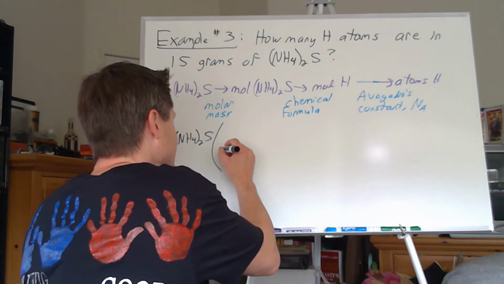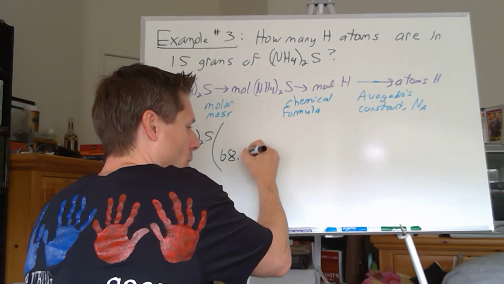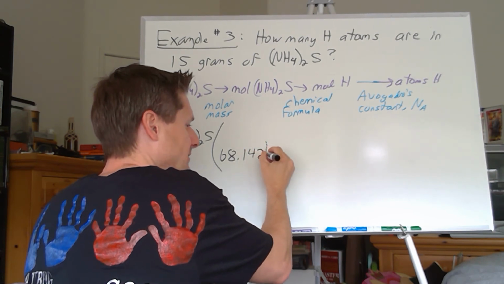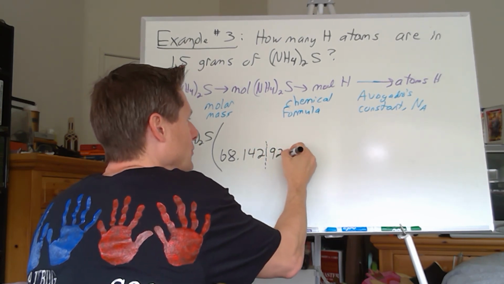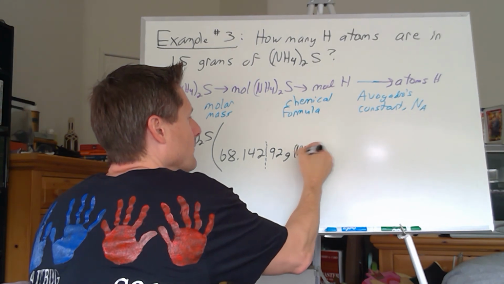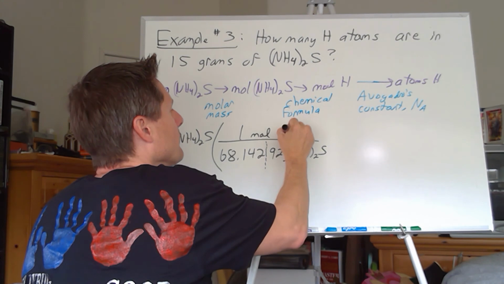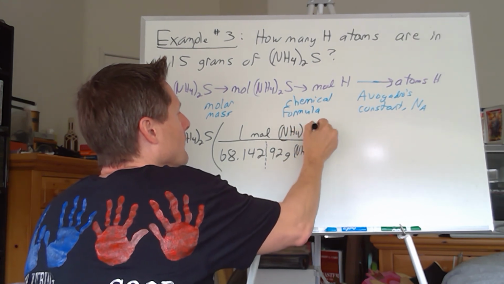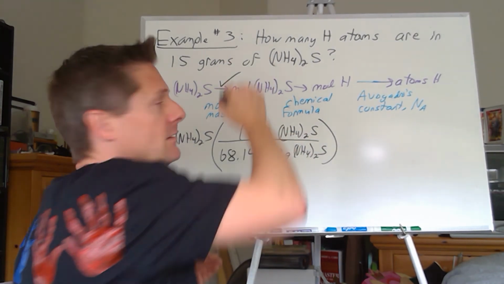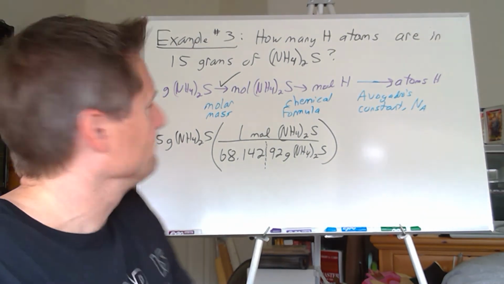Right, so that was 68.142 | 92 grams of ammonium sulfide per mole. Check, step number 1 complete.